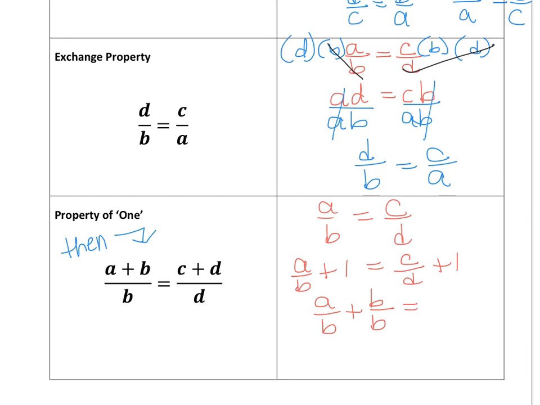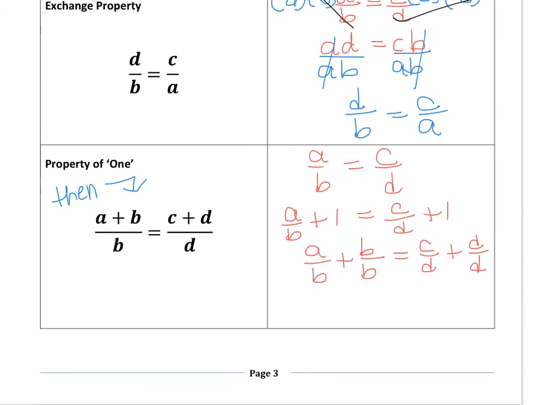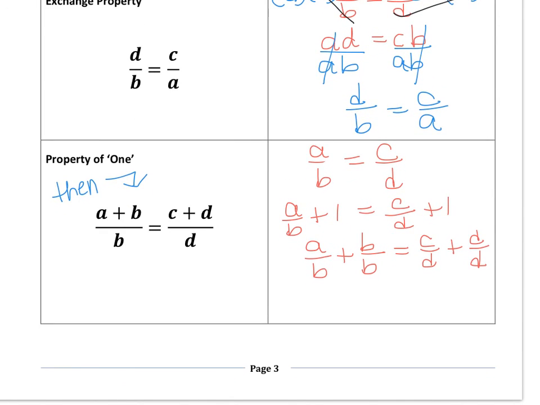And over here, C over D plus D over D. Why am I doing that? Because to add fractions, I need a common denominator. So A plus B, the numerators here, A plus B over B equals C plus D over D. And that's what we were trying to prove, the property of 1.